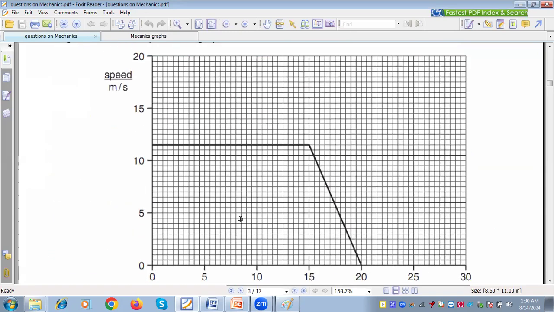So what will you do? You have to choose 18. Where will 18 come on the graph? It will be somewhere here, 15, 16, 17. This is 18. Means this will be the line which will be drawn here.